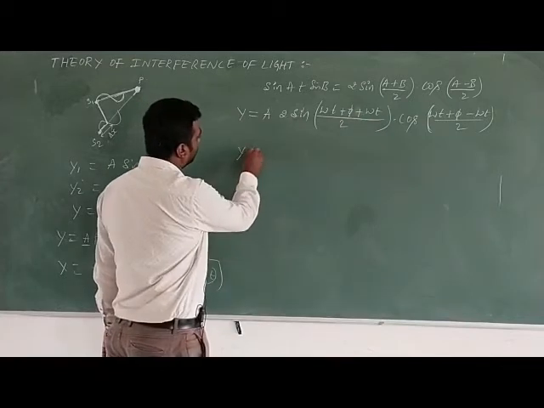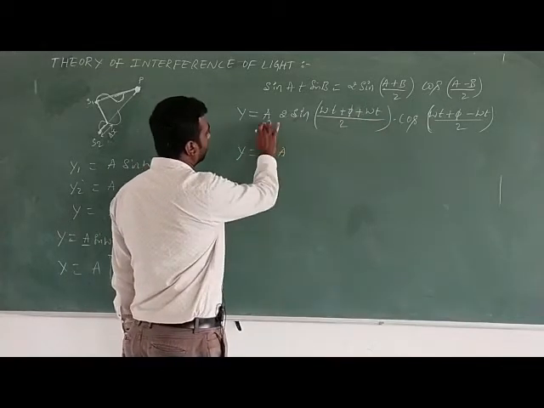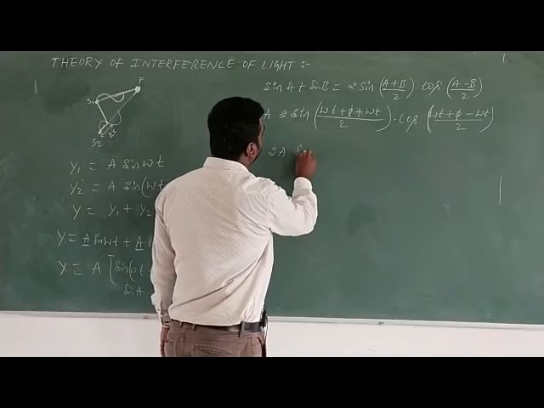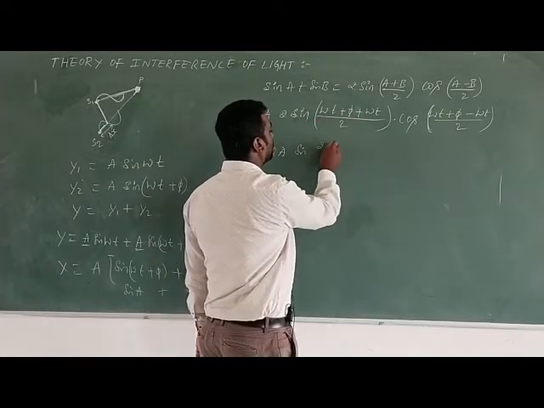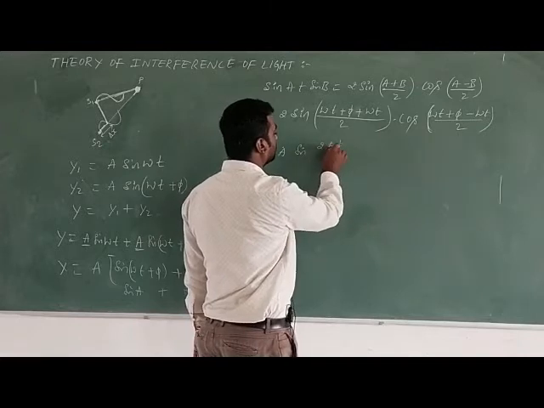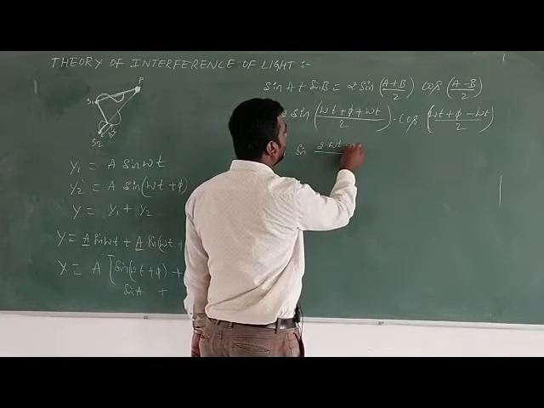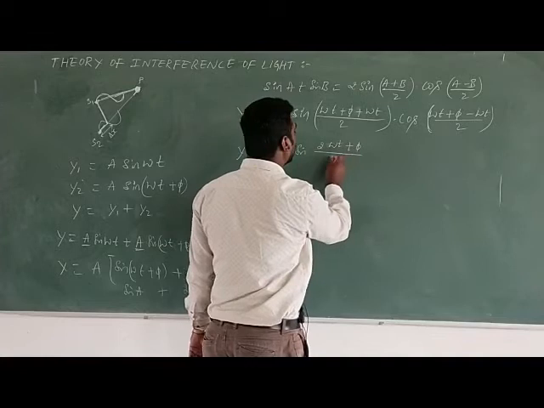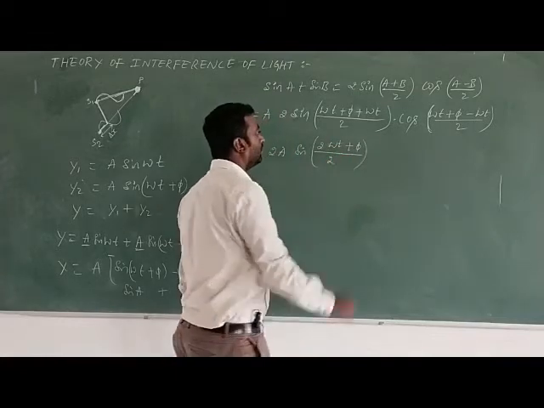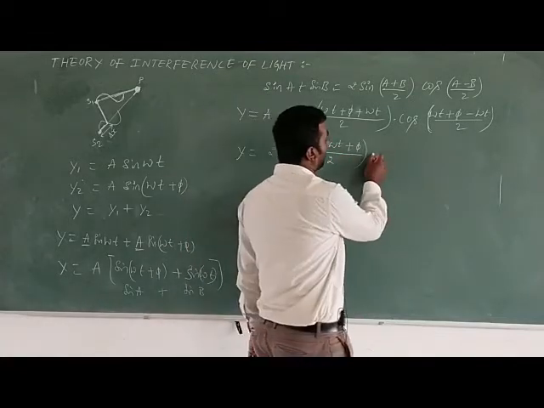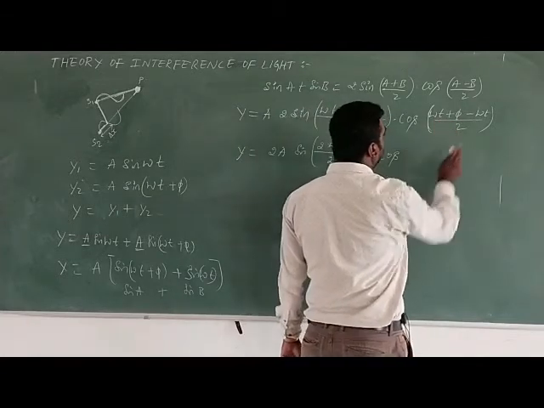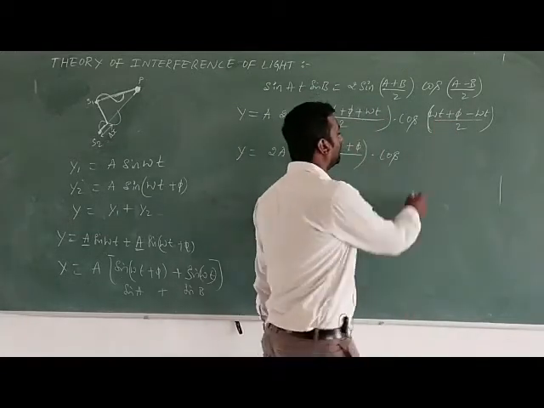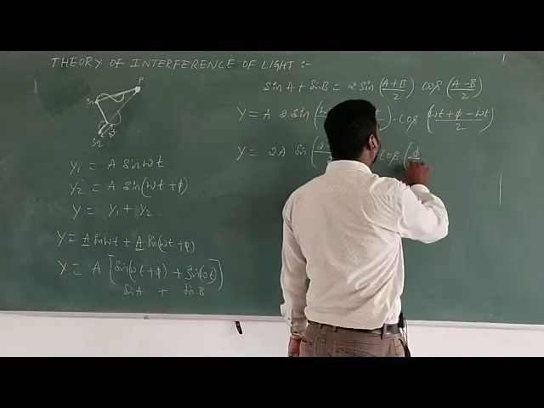So now look at that. Y is equal to 2a sin of (2 omega t plus pi) divided by 2. Now this is multiplied by cos of (omega t plus pi minus omega t), the omega t cancels, remaining cos pi by 2.